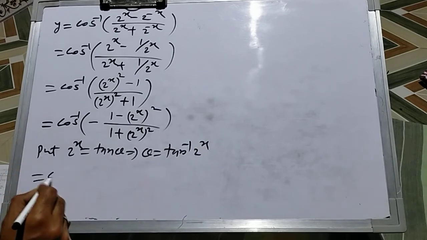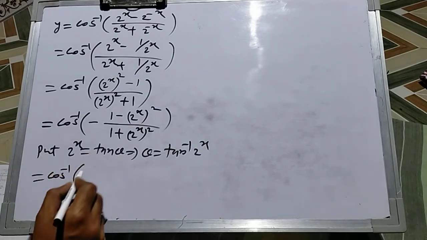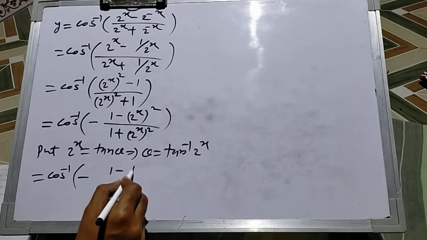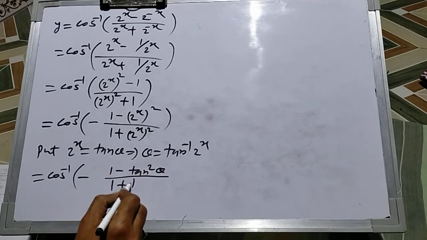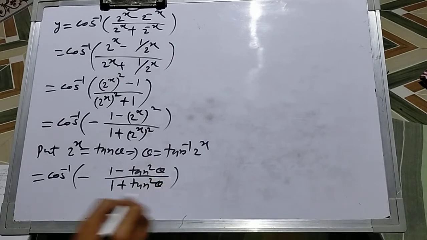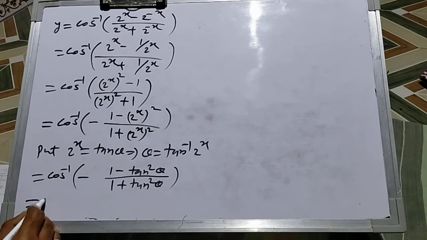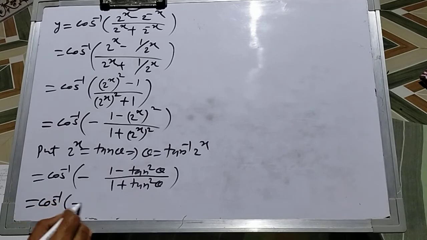This is equal to cos inverse of minus of 1 minus tan square theta divided by 1 plus tan square theta. Now here 1 minus tan square theta divided by 1 plus tan square theta means cos 2 theta. So this is equal to cos inverse of minus cos twice of theta.